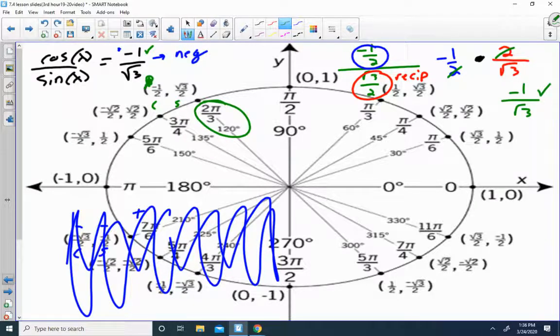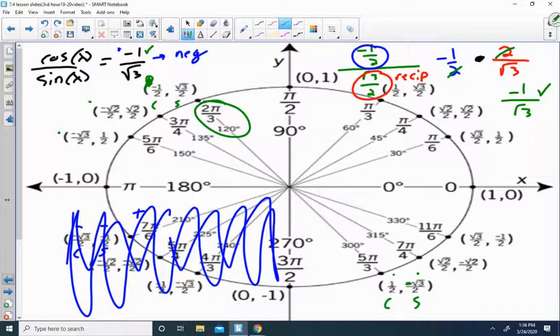Now, if you look at quadrant 4, and I'm going to tell you if you do the same thing for these, that's not going to work. If you notice here, you basically have the same numbers. You're still having 1/2, and you still have root 3 over 2. The only thing is that the negative switched. The negative is now with the sine instead of with the cosine.